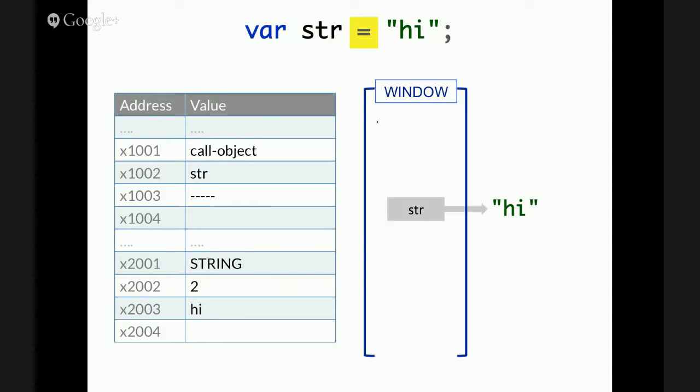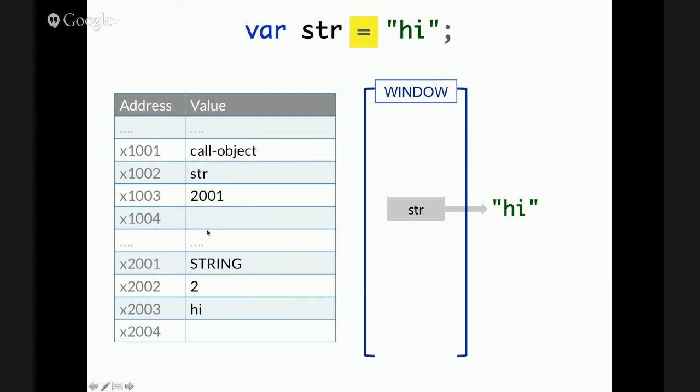And what that's going to do is set stir to point to the value high in memory. And what that looks like in physical memory is it's going to actually write the memory address of the data that you're pointing to. So this way, if we needed to look up stir, we could kind of go through the call object.